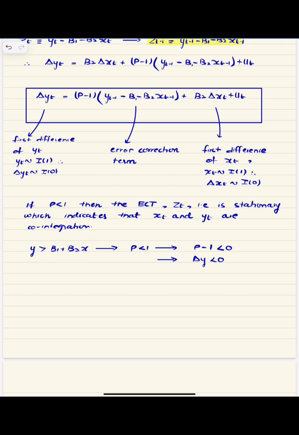So if there's a positive shock in output, then the change in output will be negative. Conversely, if output falls below the long run equilibrium, since the coefficient is negative, output will now rise back to the long run equilibrium.